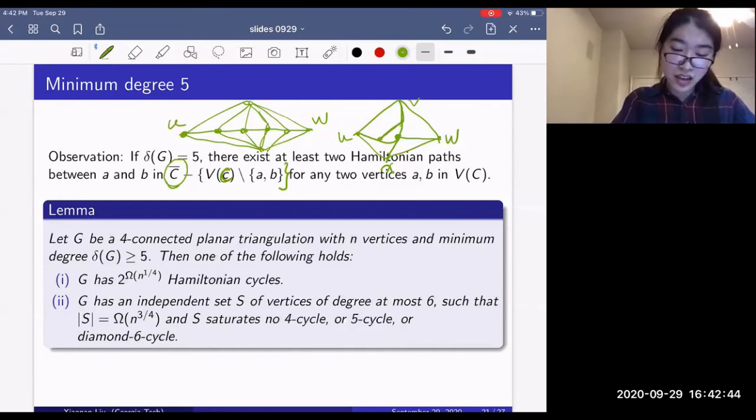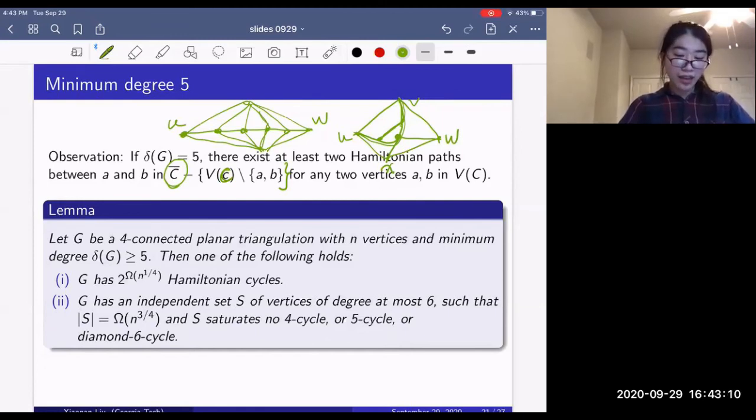If it's not 4, it will contradict that G is a 4-connected graph. If it's a planar graph, we will have some vertex of degree 4 here. So if delta G equals 5, there exist at least 2 Hamiltonian paths between A and B.